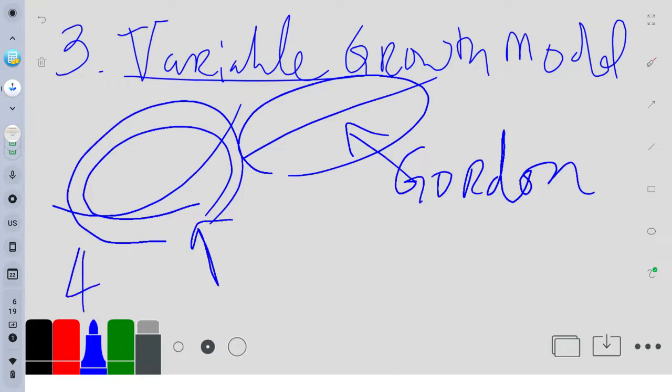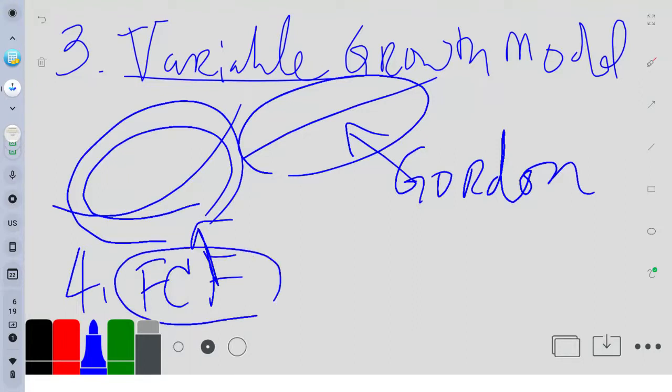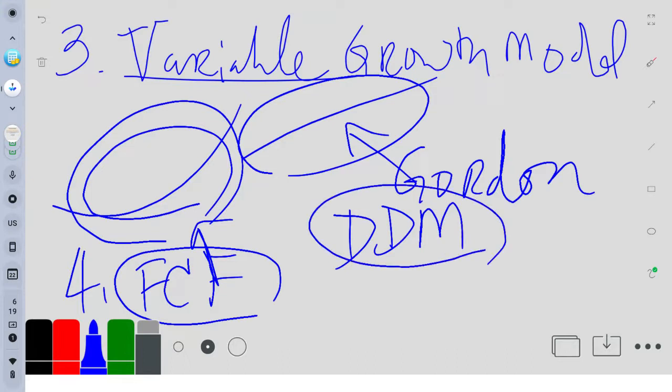And then the fourth model is the free cash flow model. Free cash flow is a very important concept, but the free cash flow model is used when the companies don't pay any dividends. Now think about it. All DDM, they break down, right?